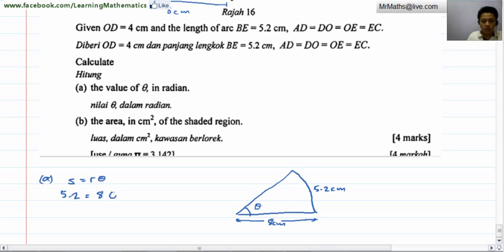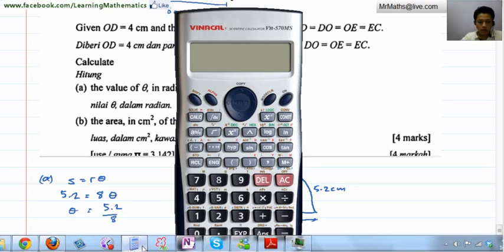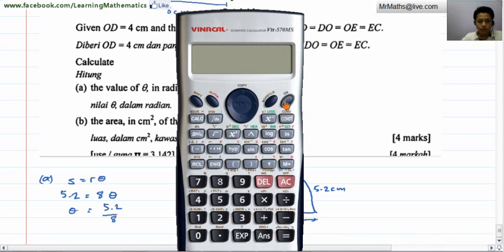Then theta is the one that we like. So theta is 5.2 over 8. Let's use our calculator, and then we can get the value. 5.2 over 8, which is 0.65 radian.